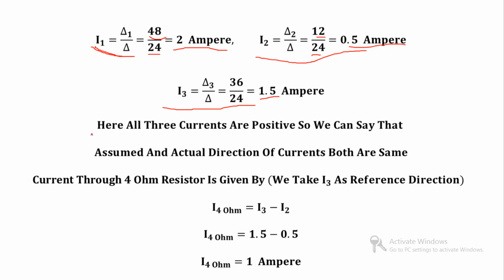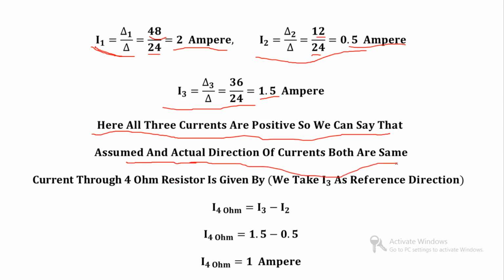So we know that all the 3 currents are positive. So what does it mean according to KVL? The KVL conclusion will be that the assumed and actual direction of current are both the same.